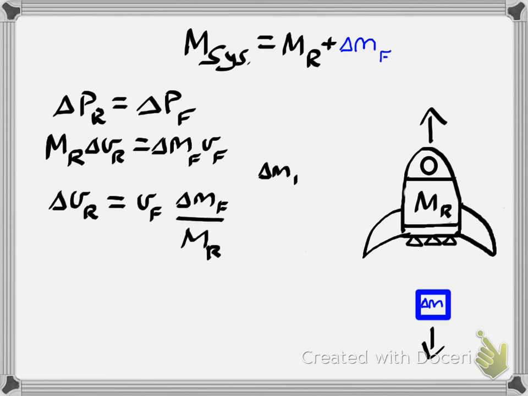So the velocity of a rocket can be written algebraically as a ratio of the change in mass of the fuel over the mass of the rocket, times the velocity of the fuel, treating that velocity as a constant. And that change in mass of the fuel is the opposite of, is the loss of, the mass of the rocket. Negative delta M, minus the loss of the rocket's mass, becomes the fuel that gets ejected with an equal and opposite impulse.